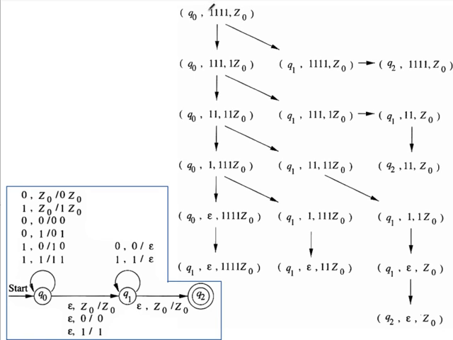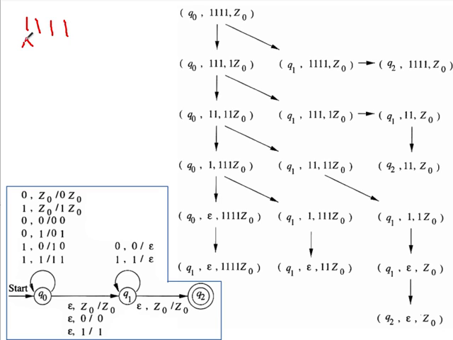And what is this thing? This is the remaining part of the input, but you haven't started with the input yet, right? So the input given is just 1111. Okay, so this is the input, and the read head is here.